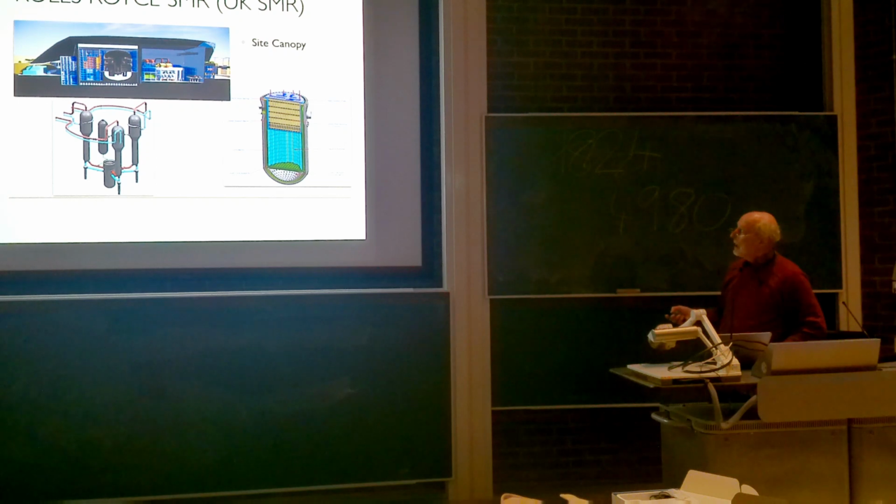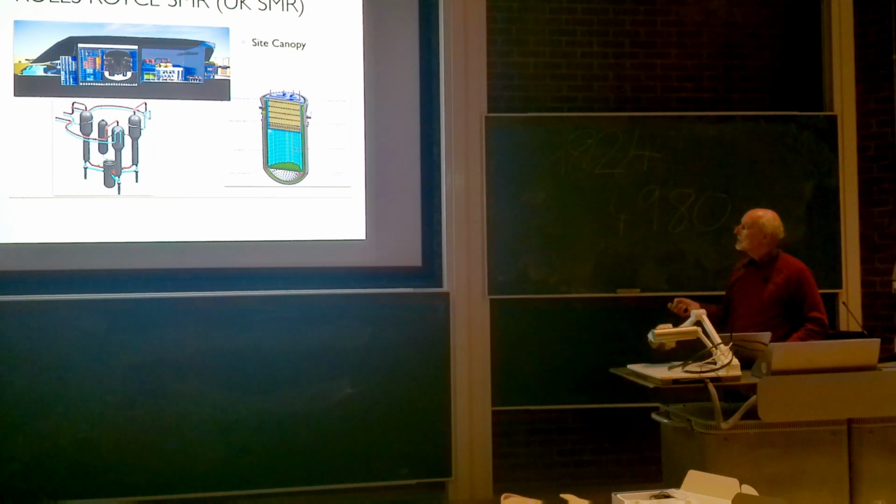As I said, it's a 3-loop system, so you have a pressure vessel here, your pressurizer, and 3 heat exchangers, along with pumps to pump the coolant round. And this was the only image I could find of the actual internals of the reactor. So the core will be in this area.